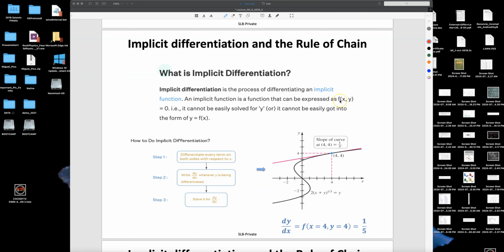So it's an expression that is a function of the independent variable, that is x, and the dependent variable, that is y. So y is a function of x.